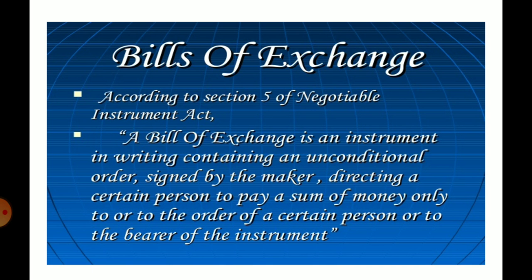It contains an order, not a request. It is unconditional because it does not include any type of condition, and must define the fixed time period and the rate. Signed by the drawer, who is the maker of the bill, and the drawee, that is the acceptor of the bill.